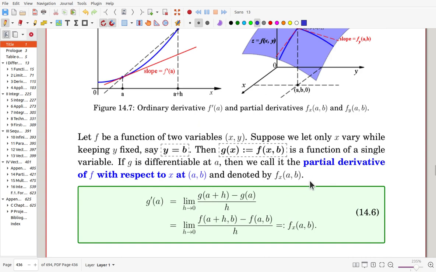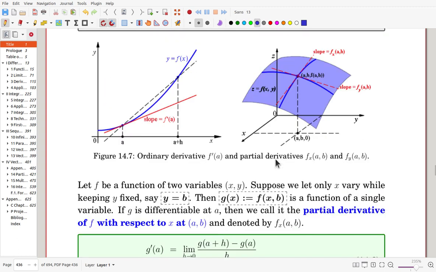Now, mathematically, we can deal with the idea in this way. First, we fix y, say y equals b. Then we deal with f of x and b, and that will make the curve here in blue.